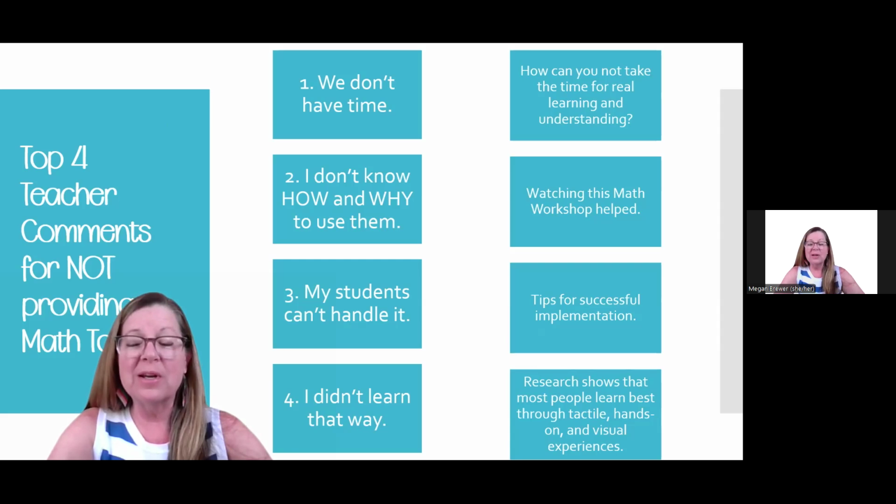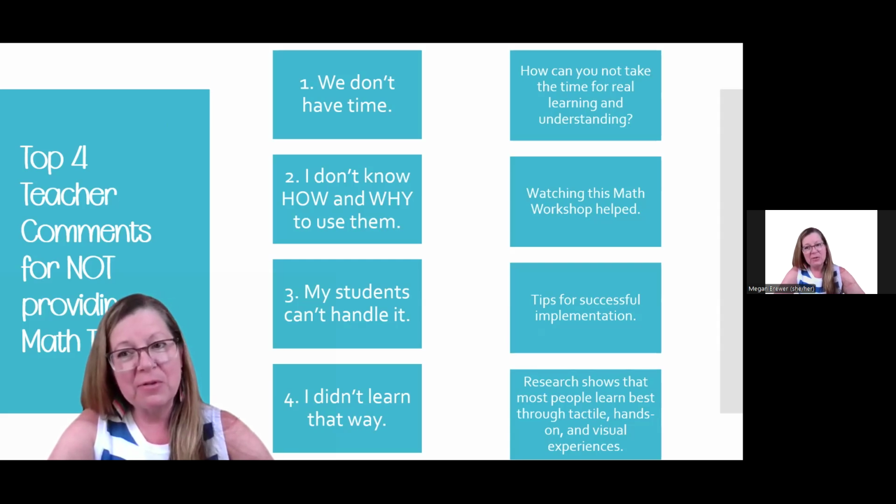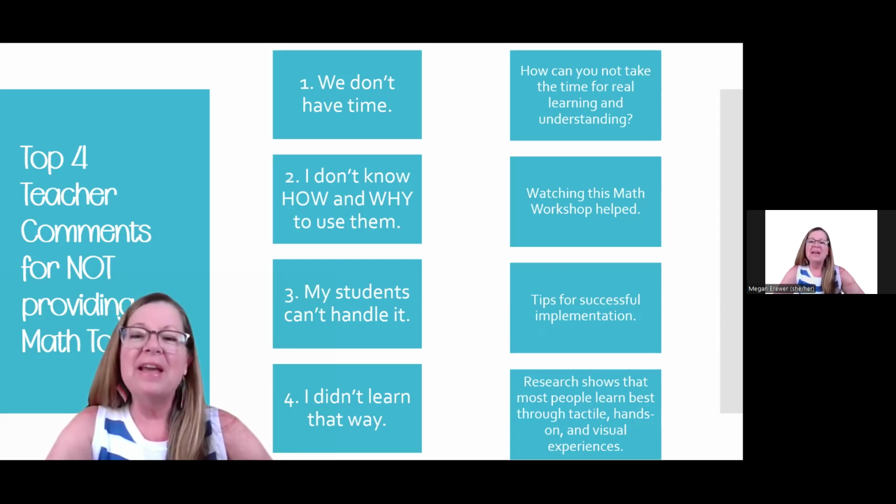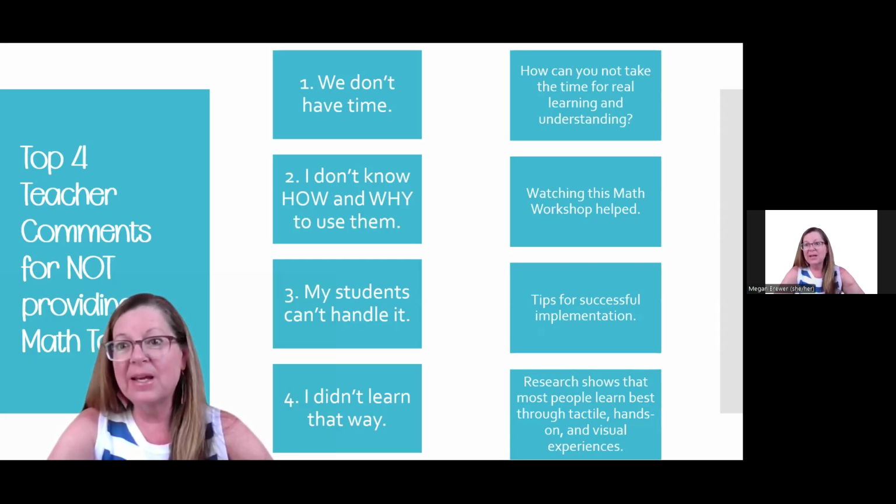Oh, and here's a bonus one. Sometimes teachers say number 5, they don't say this so much in first grade, but in later grades, "They can't use the tool on the end of the year test, so why should I provide it during the year?" Well, this is true in most cases, in most grades where there is that big end of the year test.